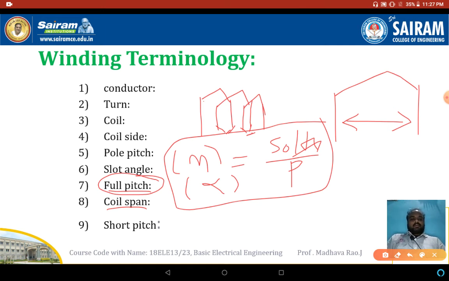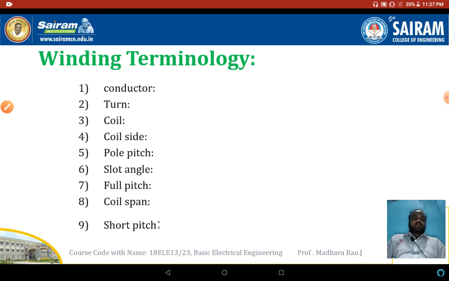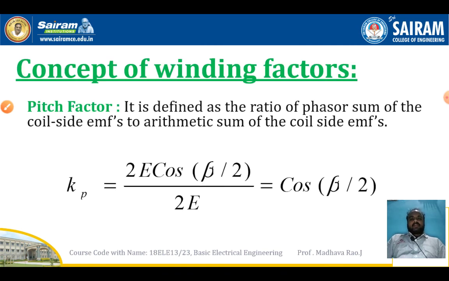Next we'll see the winding factors. We have two types of winding factors: one is pitch factor, another is distribution factor. Pitch factor is denoted with Kp and distribution factor with Kd.